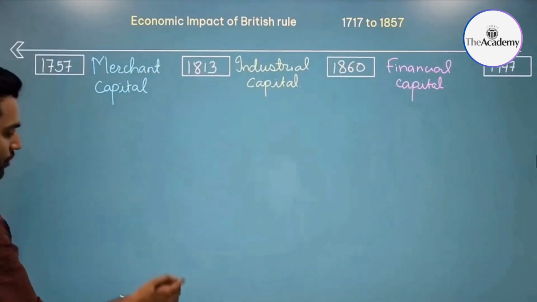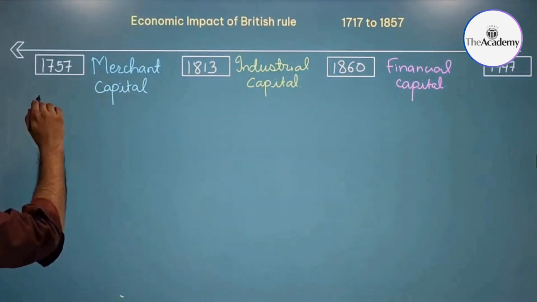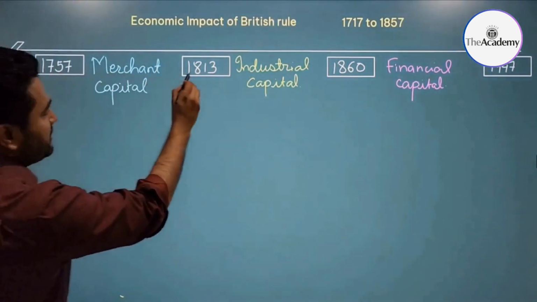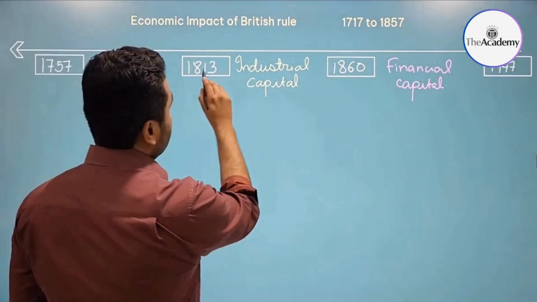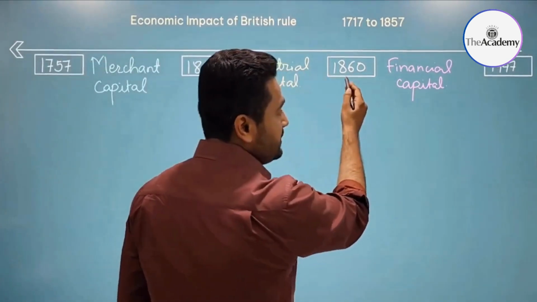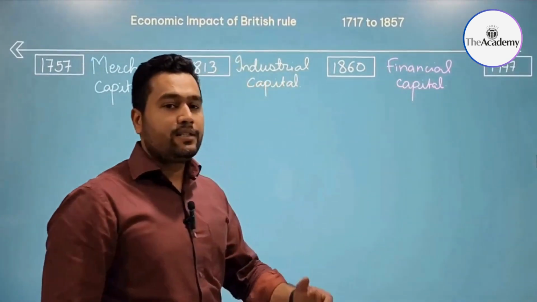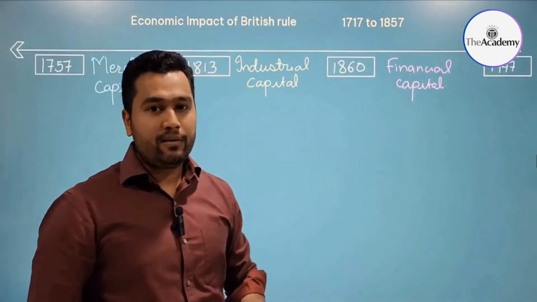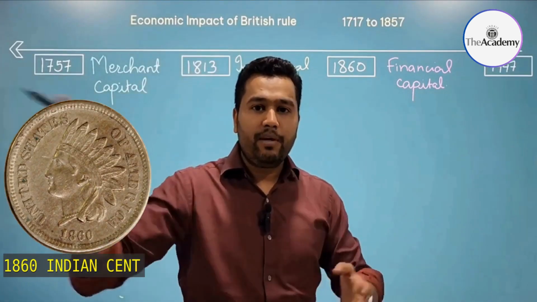So we come across three important stages. First is the stage of merchant capital from 1757 till 1813. Second is industrial capital from 1813 till 1860. And then 1860 onwards, the stage of financial capital, when the Indian economy was colonized via finance from England.